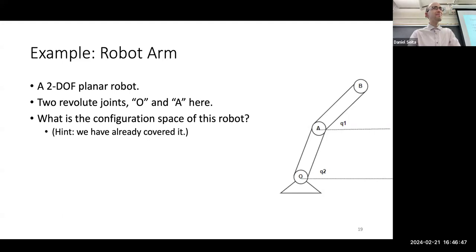Equals what? Q1 plus. So what are you saying? Are you talking about what is the configuration space of this? Yeah, what is the configuration space? No, I think you're talking about the workspace, like all the valid configurations where the end effector can be. Well, that's the workspace. So the configuration space is how do you specify where the robot is?